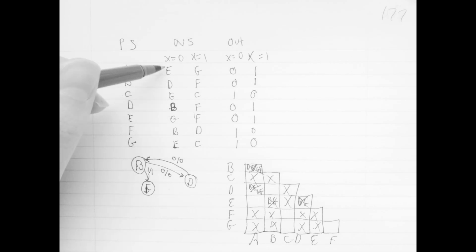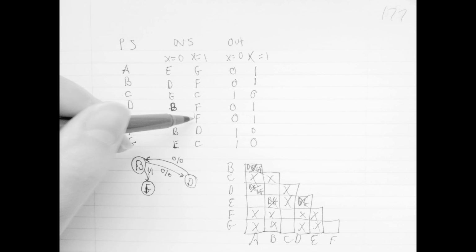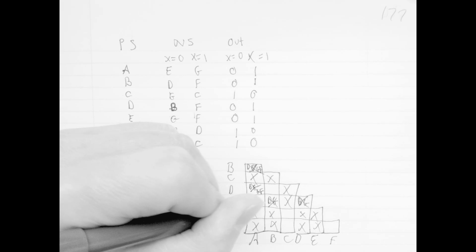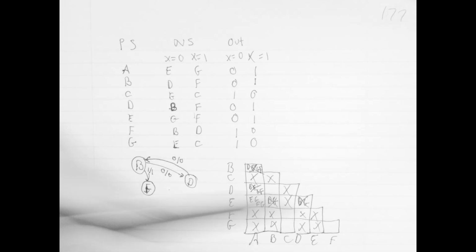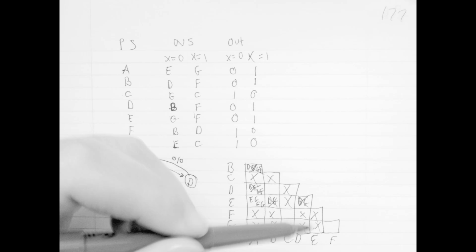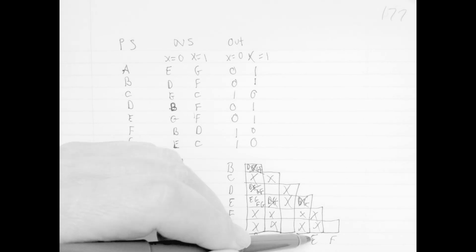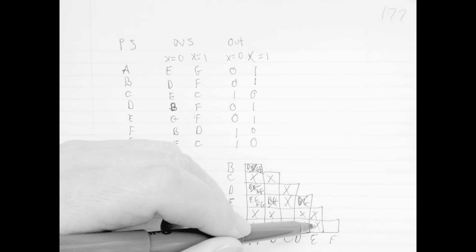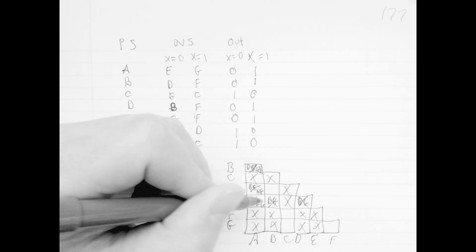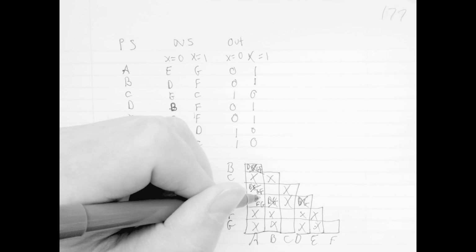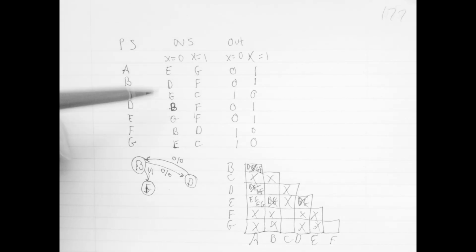AE, that's EG, FG. Now, if I look at EG, EG is already an X. Let's just make sure that's right.